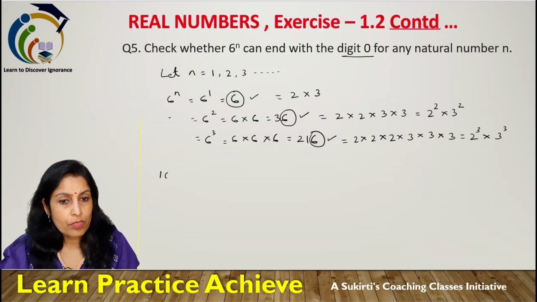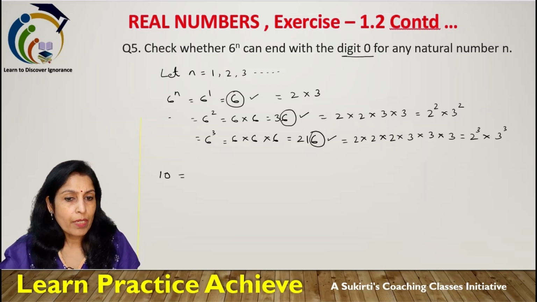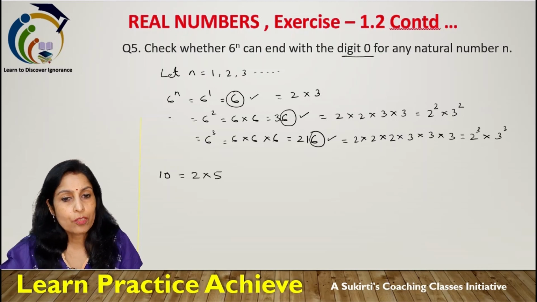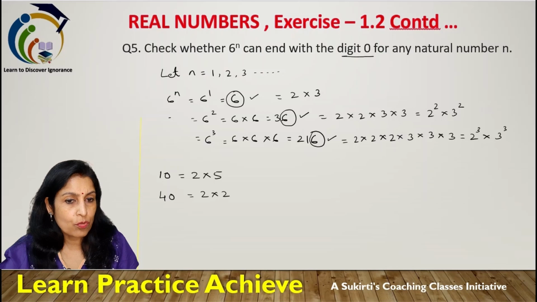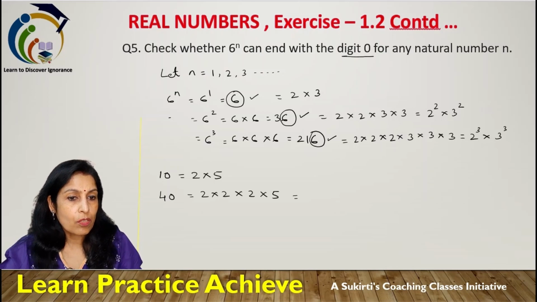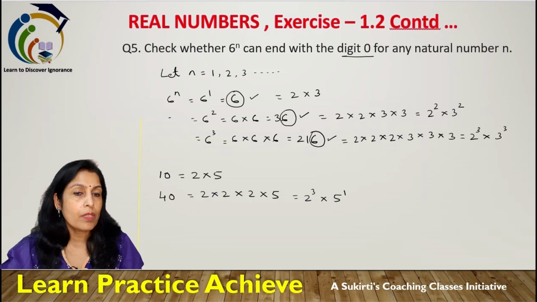Let's take some numbers ending with 0. Suppose one number we take is 10. When we find the factors of 10, we get 2 and 5. Another number which ends with 0, suppose we take 40. So 2 into 2 into 2 into 5, that is equal to 2 to the power 3 into 5 to the power 1.